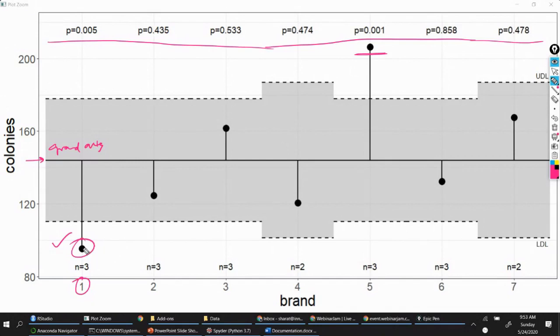And if I look at the diagram, then I would take brand 1 as the best filter because it is filtering a lot of bacteria colonies. So this way, ANOM is trying to compare the averages.